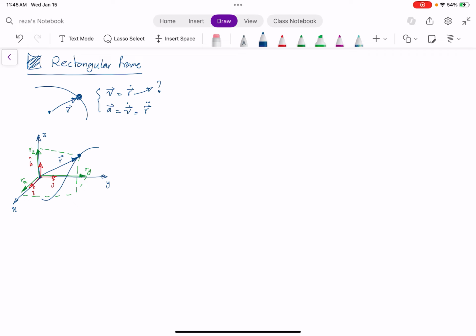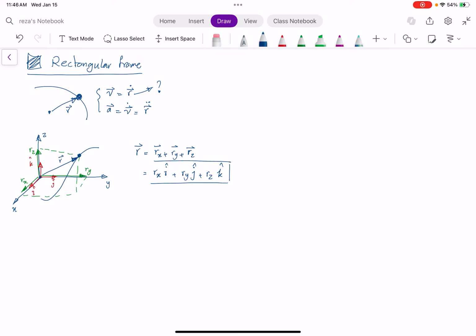Now things start to take form. I can write the vector r using its components, essentially rx i plus ry j plus rz k. So it's a summation of these three green vectors. Or I can write them in scalar form: rx along i plus ry along j plus rz along k.